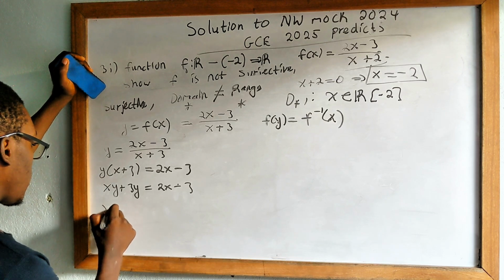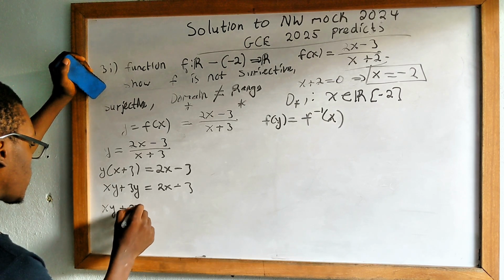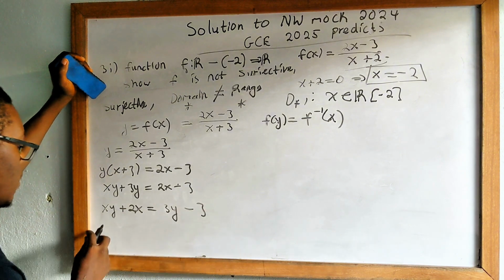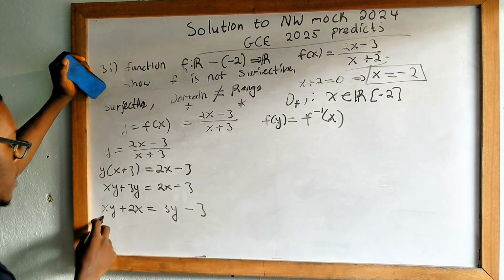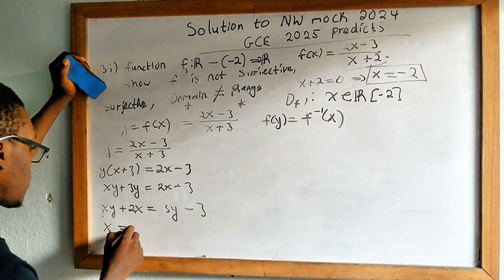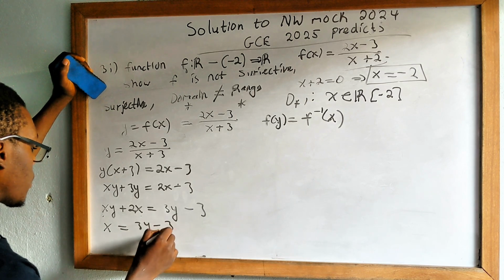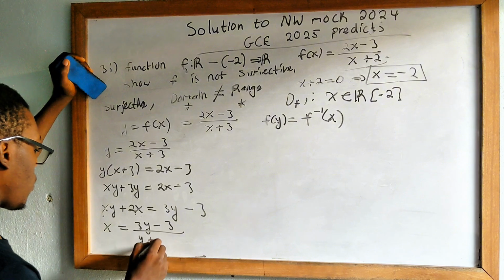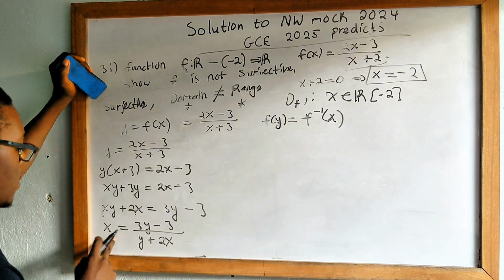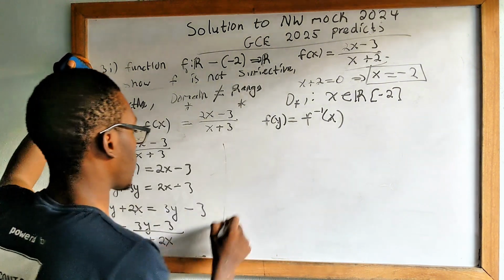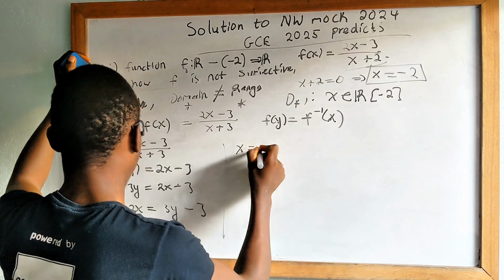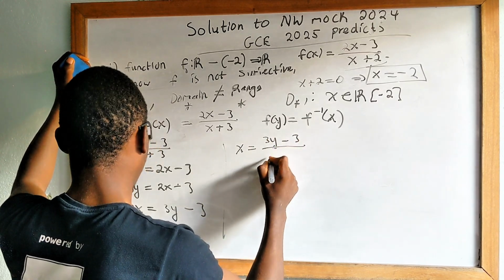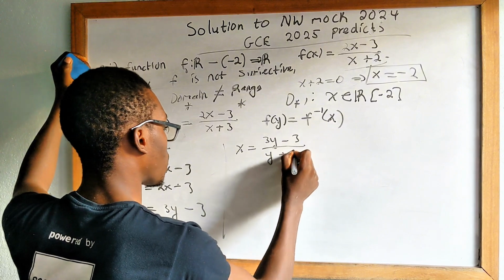That will be xy minus 2x is equal to minus 2y minus 3. From here you can separate x to have x equal to the expression over y minus 2.